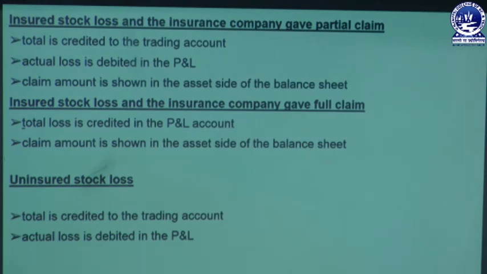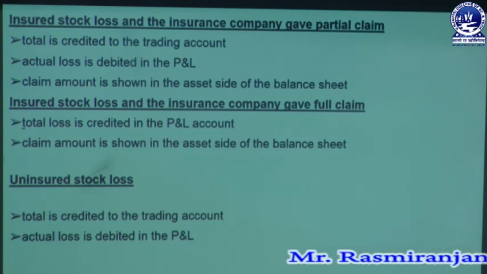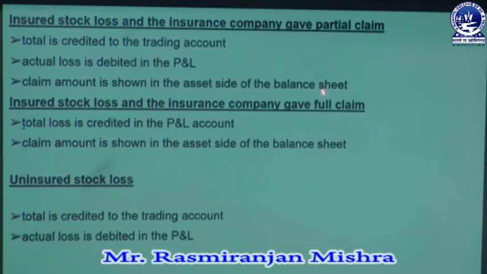The first is insured stock loss, company gave partial claim. The treatment: the total amount of loss is credited to the trading account. Then the actual loss is debited to the profit and loss account, and the claim amount is shown on the asset side of the balance sheet.